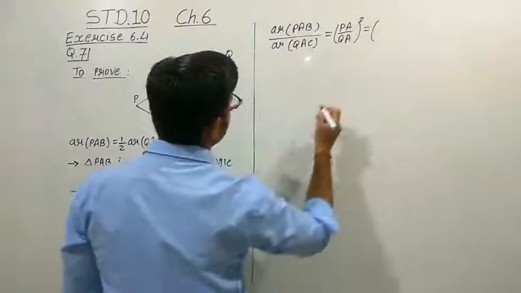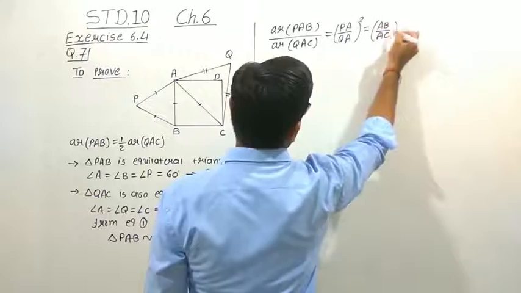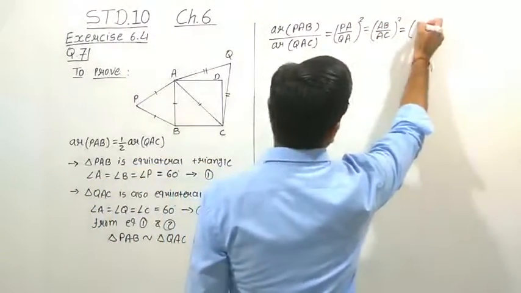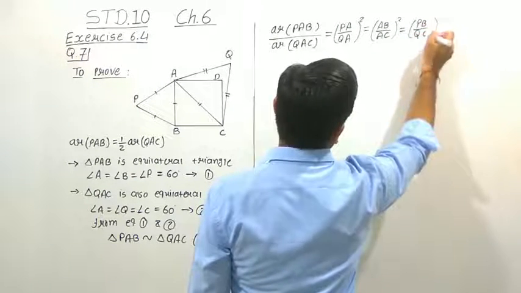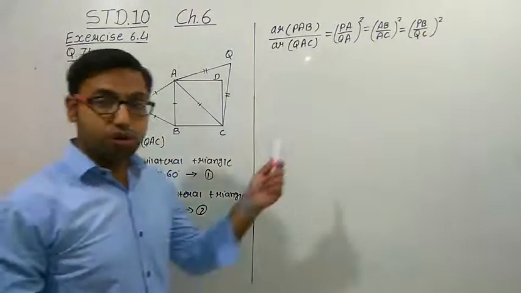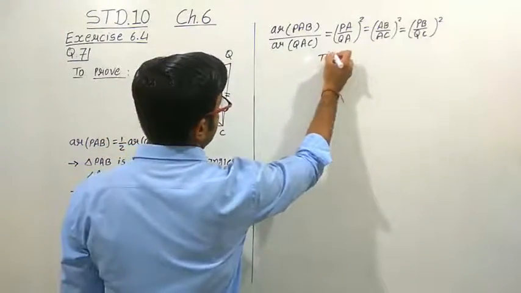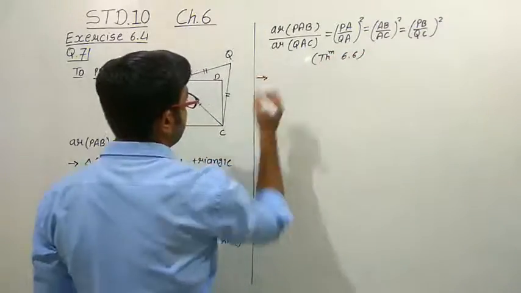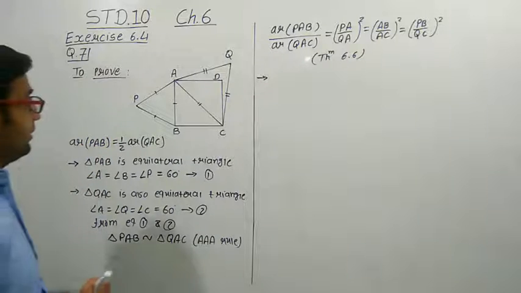It is also equal to AB upon AC whole square, and it is also equal to PB upon QC whole square. That is the ratio of the squares of the corresponding sides, which we can write according to theorem number 6.6, right?